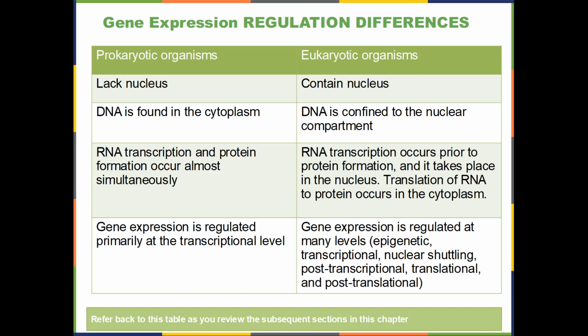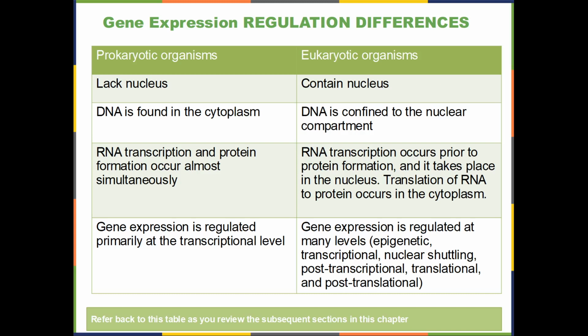We've seen this quite a bit, the contrast between prokaryotes and eukaryotes. Prokaryotes lack a nucleus, eukaryotes have them. In prokaryotes, DNA is found just floating in the cytoplasm. Eukaryotes, the DNA is found inside the nuclear compartment. Prokaryotes, RNA transcription and protein formation occur simultaneously. There's nothing to separate them, as there are in eukaryotes.